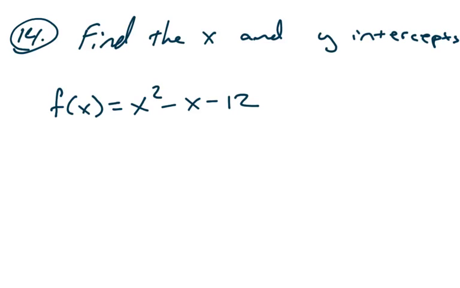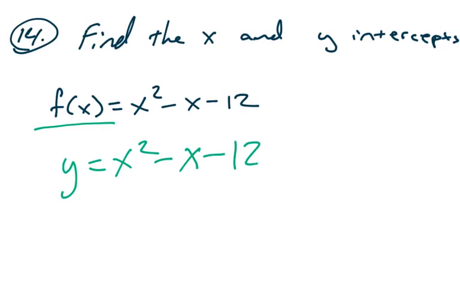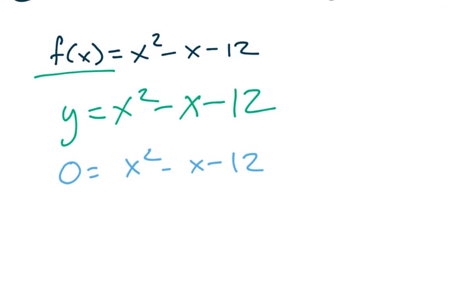This question is saying find the x and the y intercepts. So this is actually an exercise of more of the same. Don't get scared by the f of x. F of x is the same thing as y. So let's recall what we've said in the previous videos. The x-intercept is when y is 0, so I'll make y 0. And if you're asking yourself how to solve this, then you just need to look back at the previous problems, right?